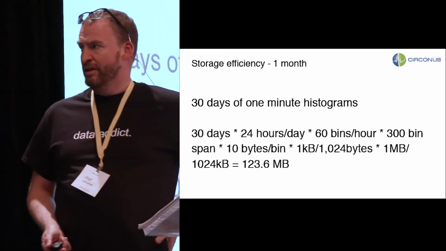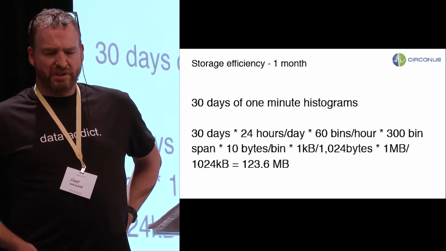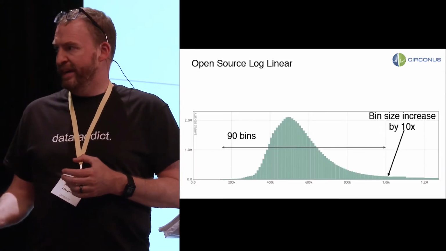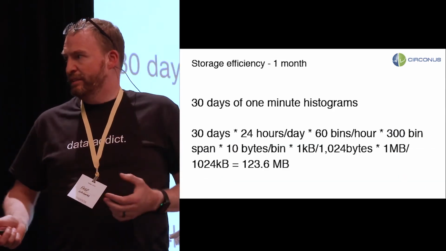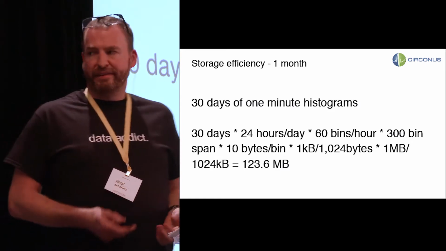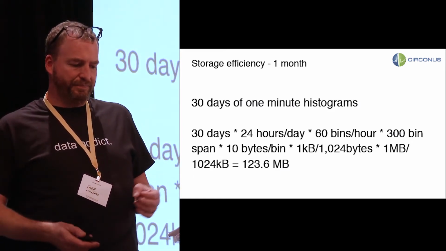Worst case scenario, I've put out the calculations here. One question there is, if I showed you this histogram back here, how many bins do we have? Practically speaking, we found that all of our data sets, we've never gotten any more than 300 bins used to represent the whole range of data.